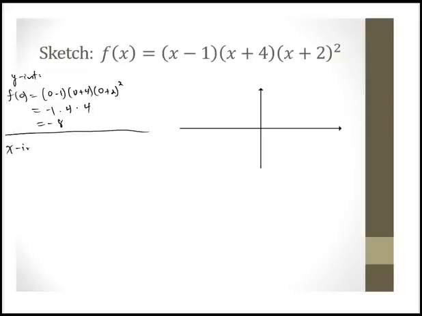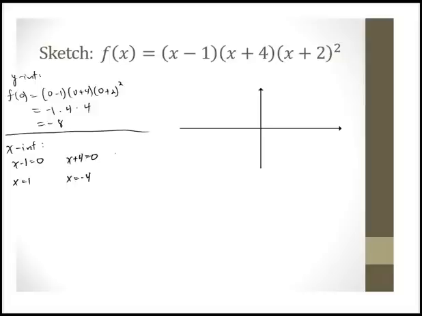X-intercepts. X minus 1 equals 0. I have an x-intercept at 1. Let me write that out a little bit more. If I have x minus 1 equals 0, x equals 1. X plus 4 equals 0, x equals -4.